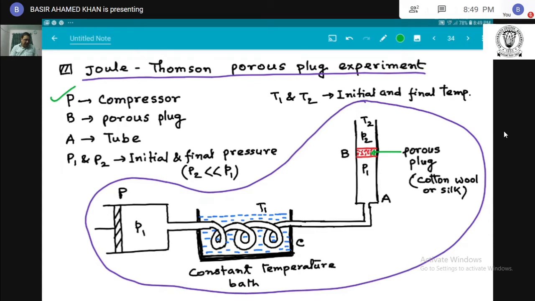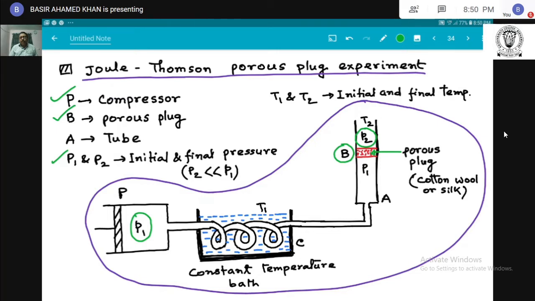P1 is the initial pressure, and P2 is the pressure after expansion. B is the porous plug, tightly fitted in a tube A. B is the porous plug made with cotton wool or silk.